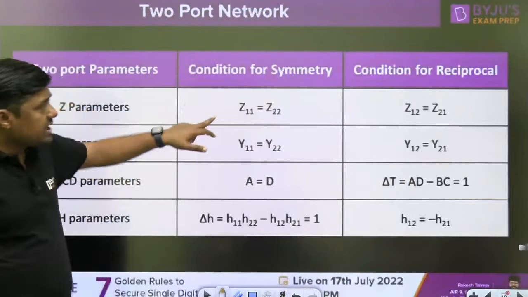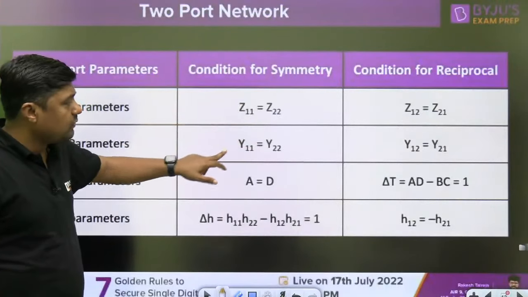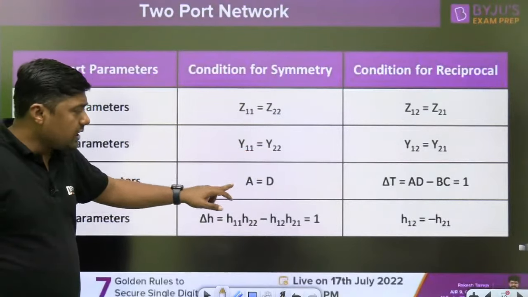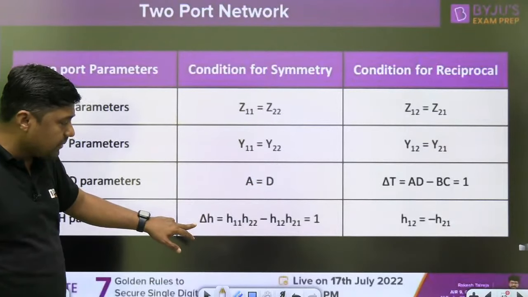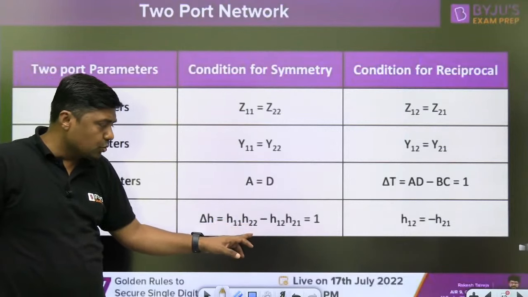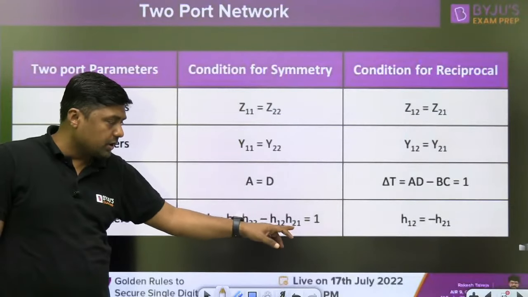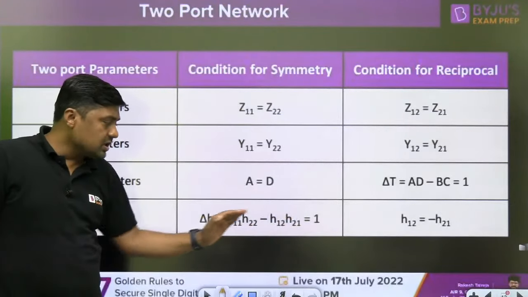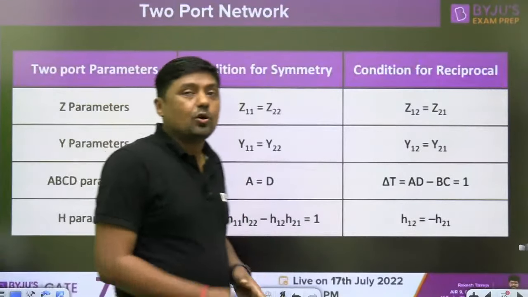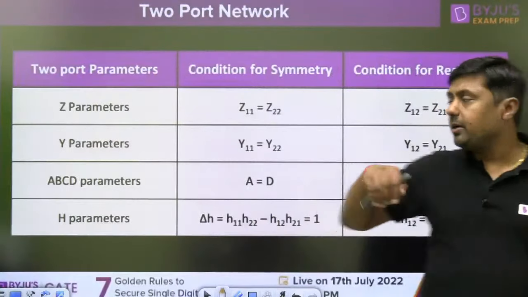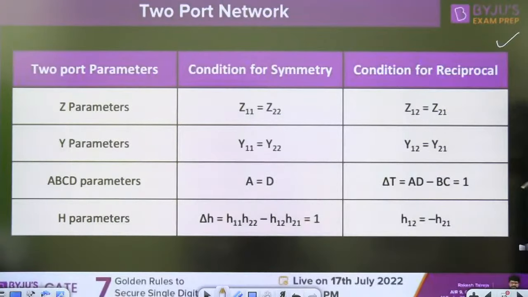Condition for symmetry: Z11 is equal to Z22, Y11 is equal to Y22, A is equal to D. And that is the determinant of H parameter: H11 H22 minus H12 H21 is equal to 1. That is the condition for symmetry.